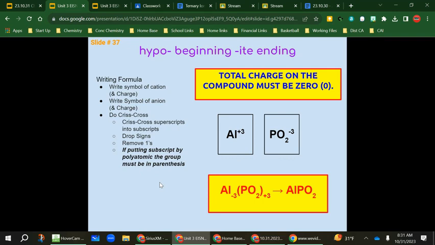We brought the +3 down by the PO2 group. We can reduce these because 3 and 3 can be reduced. So we end up with AlPO2. Aluminum, what? Aluminum hypophosphite. We're still naming the same way we did. We're not changing the name of the polyatomic once we figure out what prefix and what suffix it has. Reduced form there.